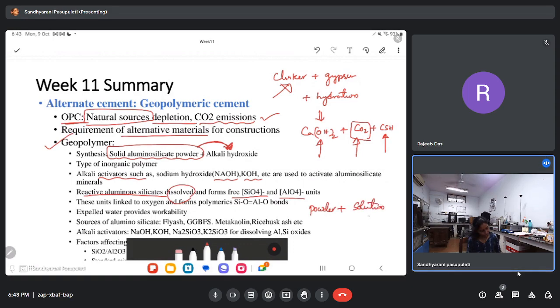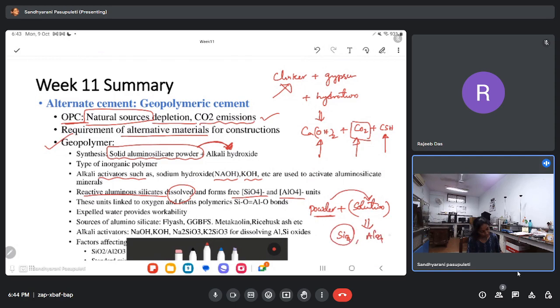Preparation of this solution is also very important. With very accurate amounts of sodium hydroxide and the related compounds, a solution will be prepared, and this powder consisting of aluminous silicates dissolves into the solution and forms SiO4 and AlO4 units.